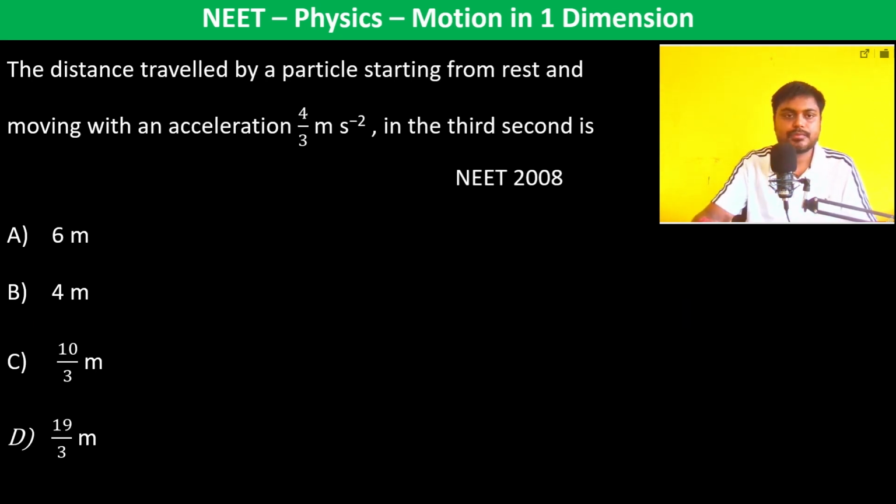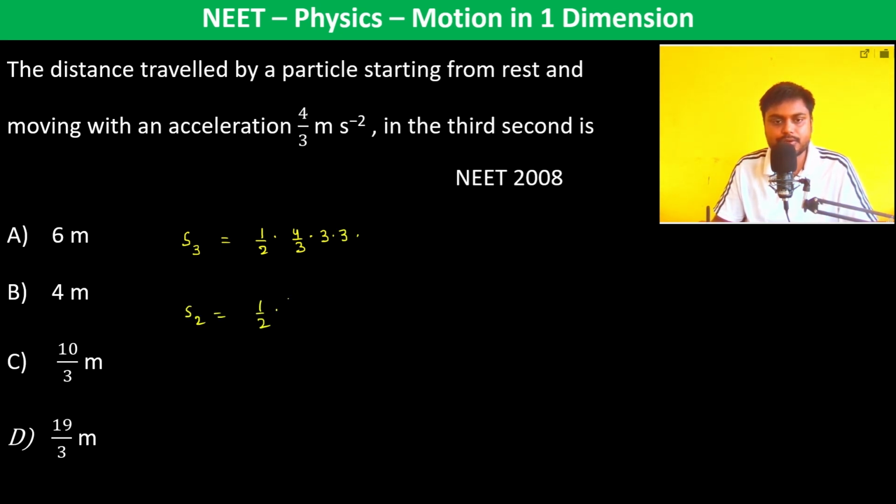C is the answer. The distance traveled by a particle starting from rest and moving with an acceleration of 4 by 3 in the third second is, so till the third second it has covered half into 4 by 3 into 3 into 3, half a t square. Till 2 seconds it has covered half into 4 by 3 into 2 into 2.